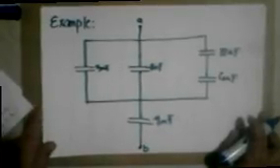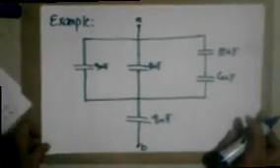So, the question here: we are to find the equivalent capacitance of the 5-capacitor network. And as we see, our network is a combination of series and parallel connection.